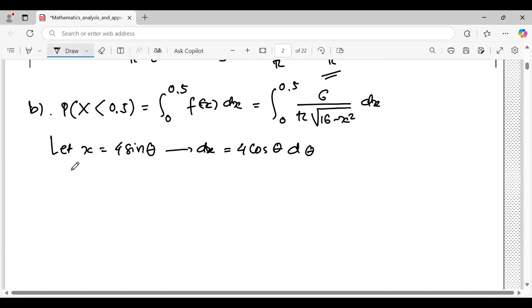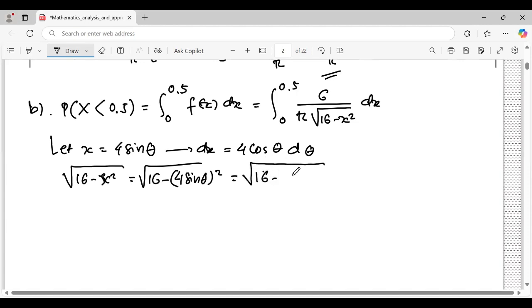According to this information, we can convert square root of 16 minus x squared into theta: square root of 16 minus 4 sine theta squared, 16 minus 16 sine squared theta, square root of 16 times 1 minus sine squared theta.